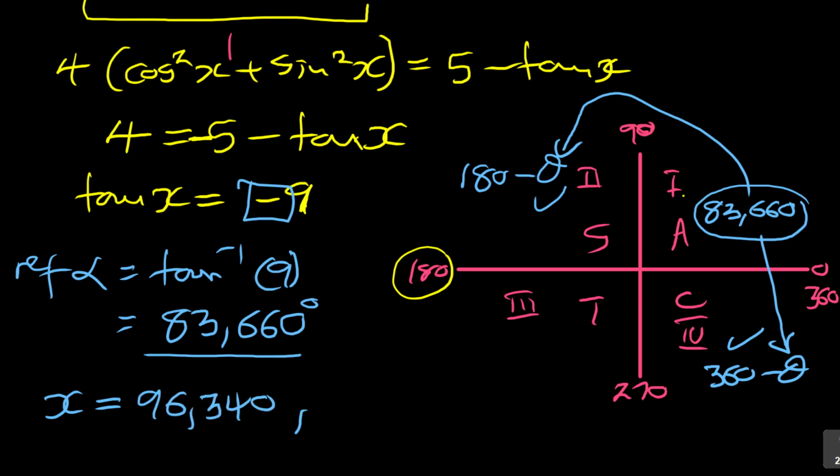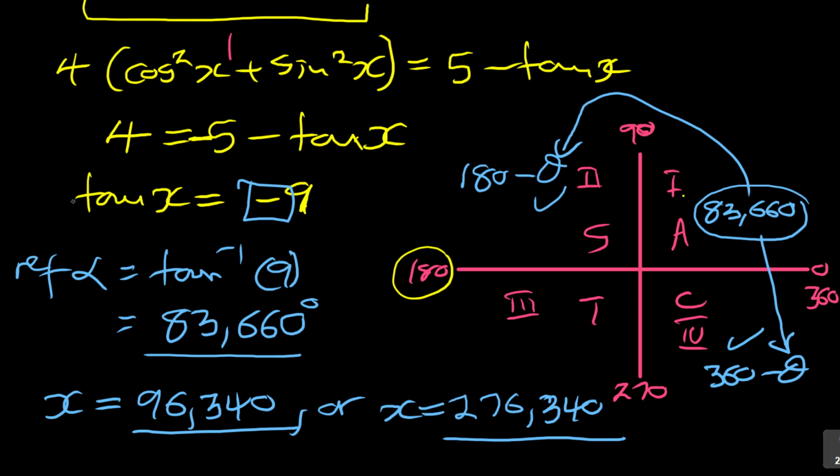Give me the other answer, the one with 360 minus that same thing. 360 minus 83.660 is 276.340. These are the answers now.